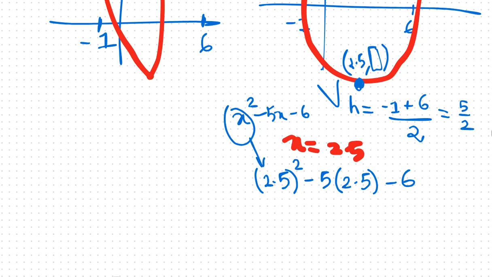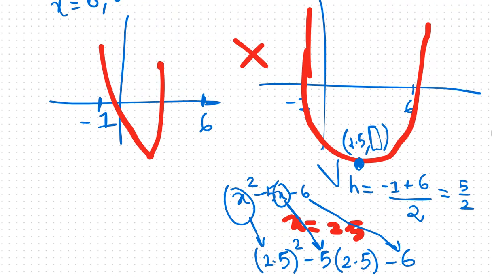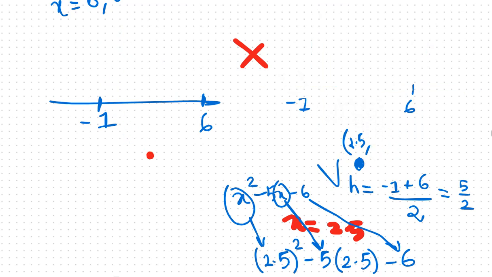So x squared means 2.5 squared, minus 5 times 2.5, minus 6. You'll get negative 12.25 as my y value. So the k value is negative 12.25.